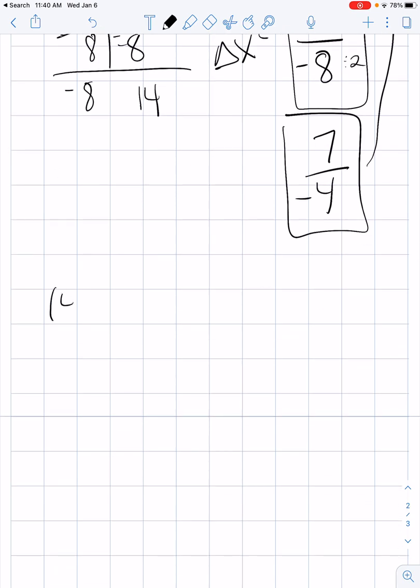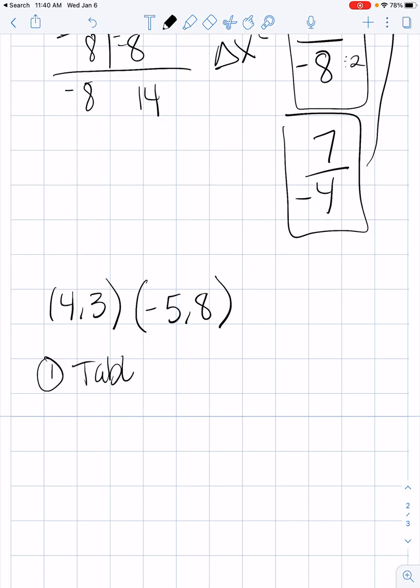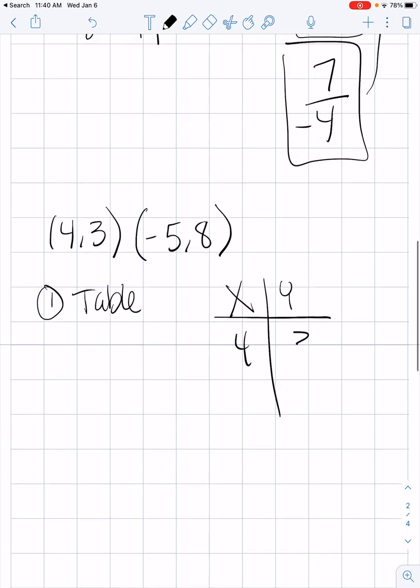Let's say we have (4, 3) and (-5, 8). The first thing that we do is make an XY table. We're going to have 4, 3, -5, and 8. Remember that we subtract these 2 numbers.